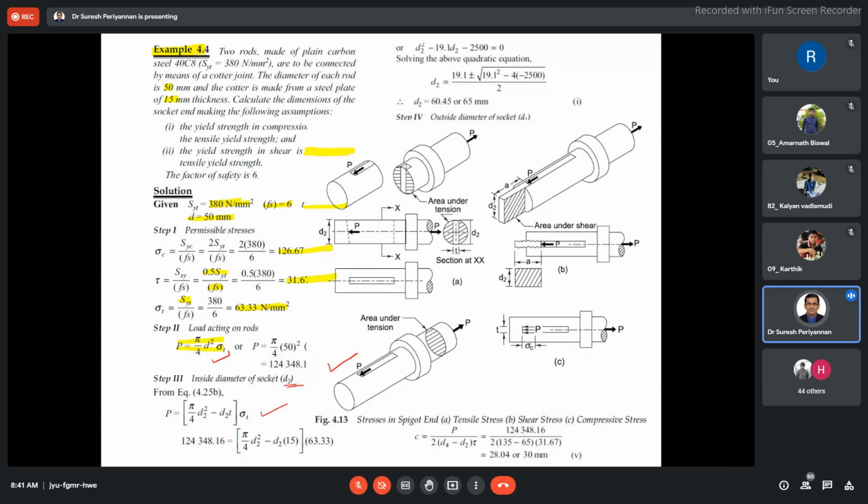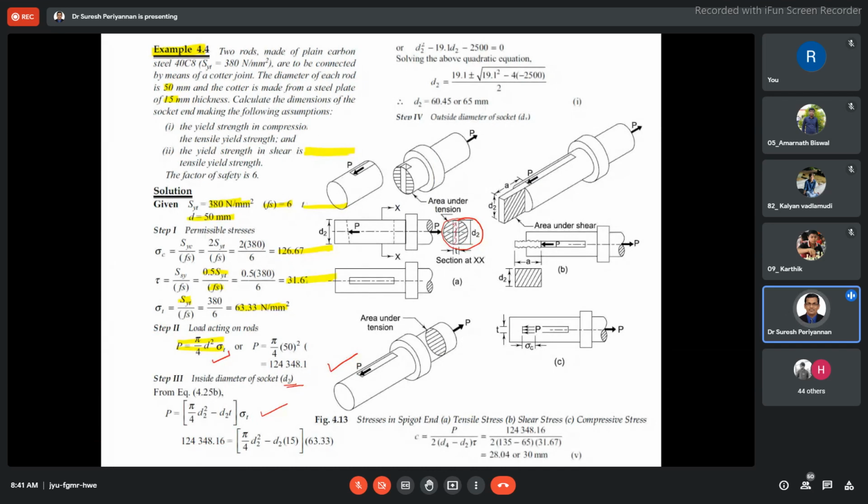See here, this is the spigot and the tensile load. Where is the tensile load acting? We already discussed this; you go back to the earlier video, you can get it. For recollecting the information, I have put this figure. This is the tensile load acting in this spigot end. Now, what is this area? Pi by 4 d2 squared minus d t.